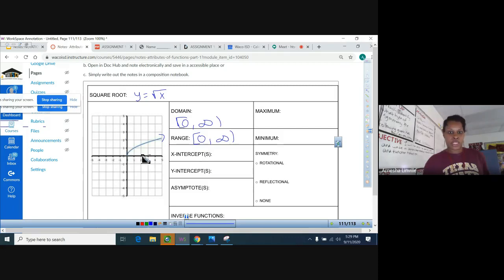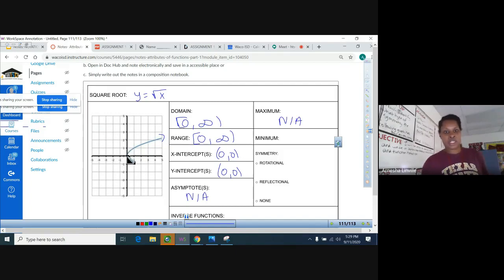When we look at the x-intercepts, again, it goes through the origin. Not on all of these, but a lot of these, your x-intercepts and y-intercepts are at the origin, so they'll be the same. This graph looks like it's leveling off, but it really isn't. It's just slowly increasing, so this does not have an asymptote. Because it's continually increasing, there isn't a maximum, but there is a minimum.